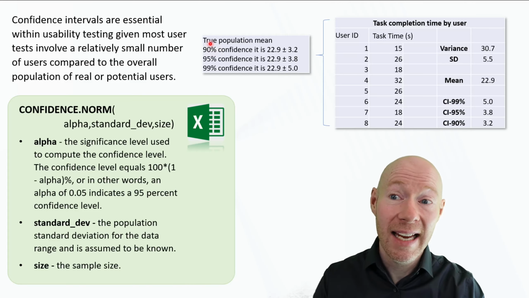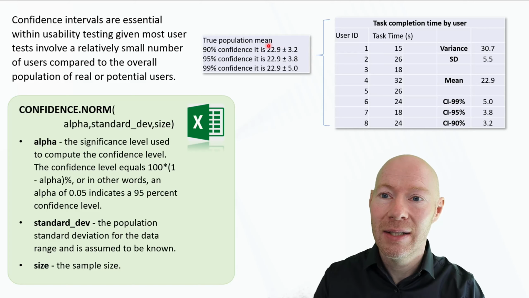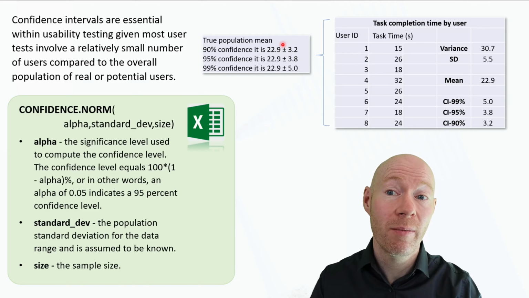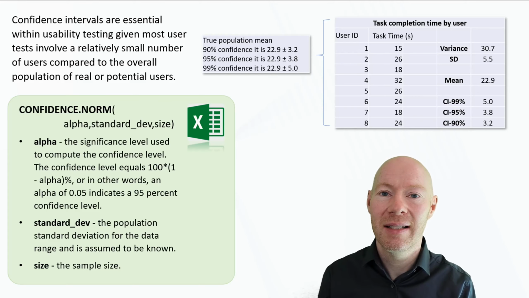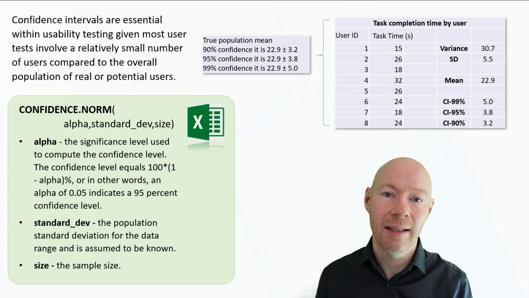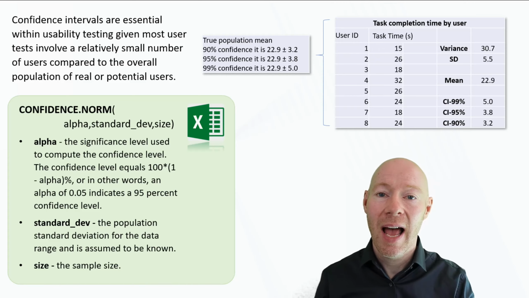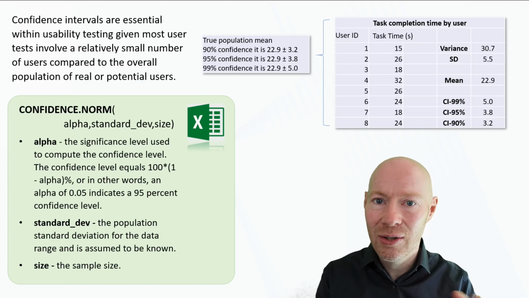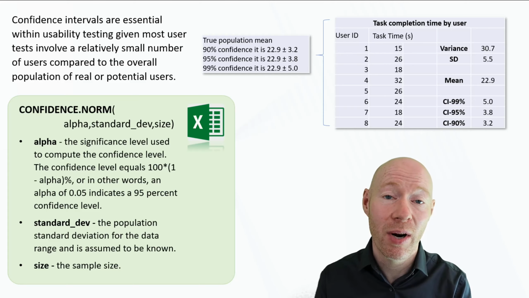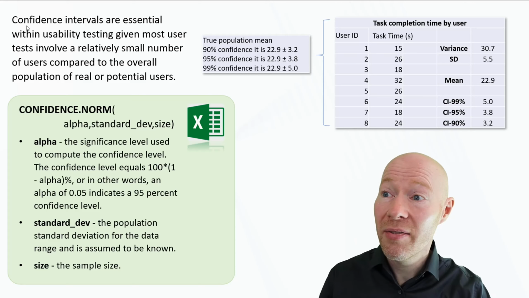We are 90% certain, so we're not as certain, that it is within 22.9 plus or minus 3.2. So these are useful techniques for understanding, when we have a mean value that we've observed and a standard deviation that we've calculated, just what sort of ranges the true population parameter may actually fit inside.